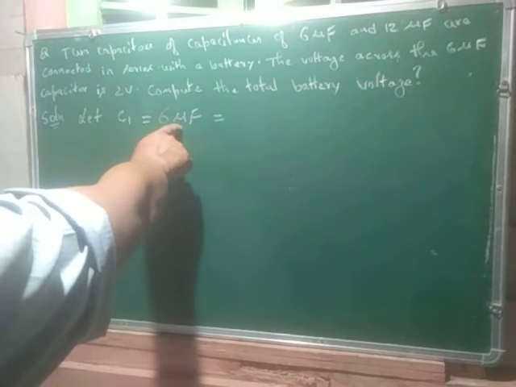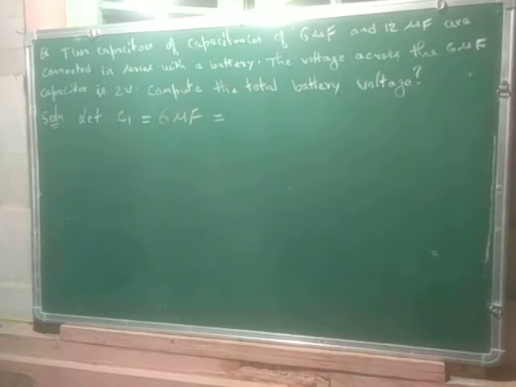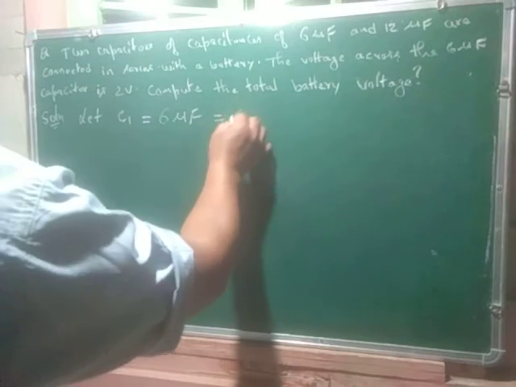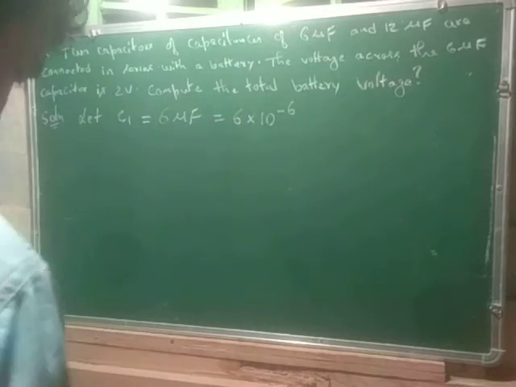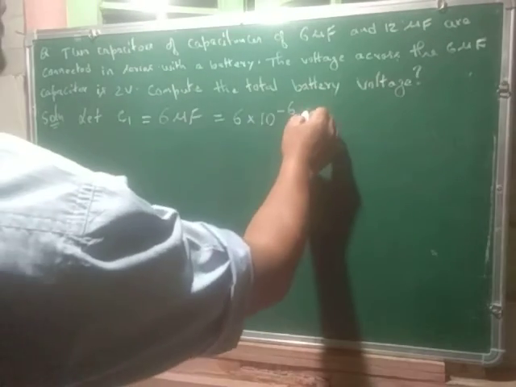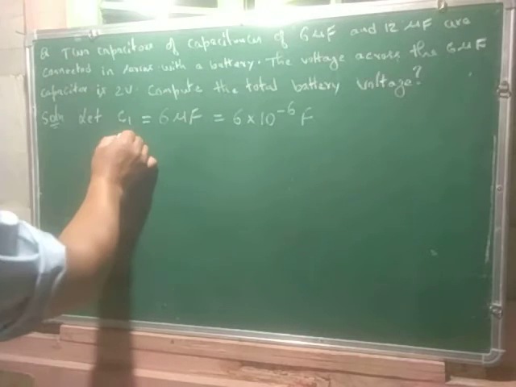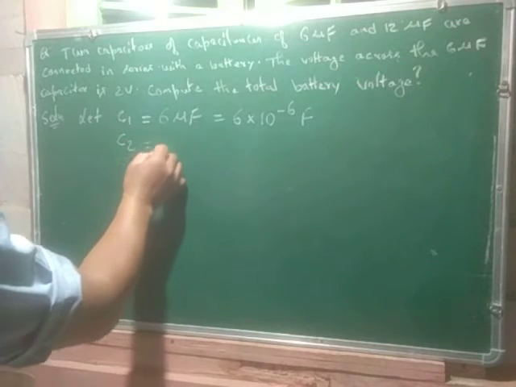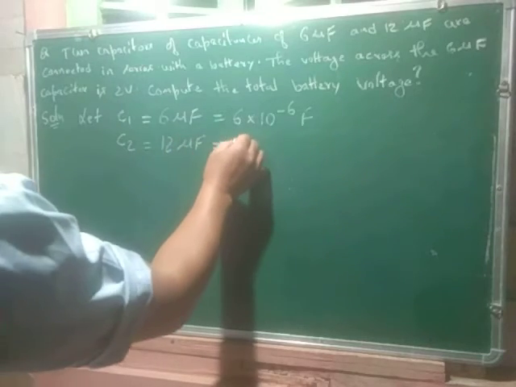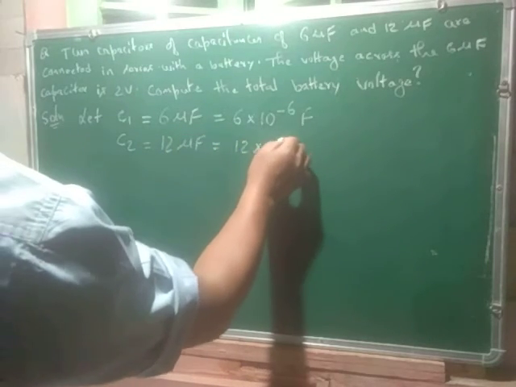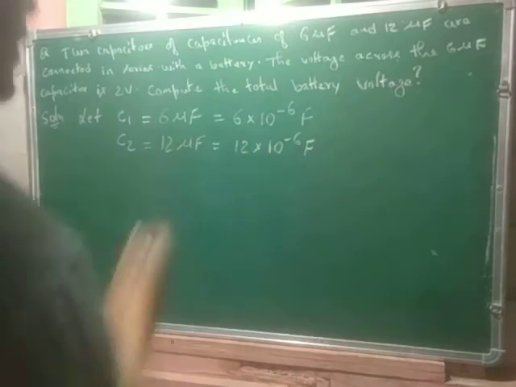The SI unit of capacitance is farad. So I convert this into farad by multiplying with 10 to the power minus 6. Similarly, the second capacitance is 12 microfarad, which becomes 12 into 10 to the power minus 6 farad.